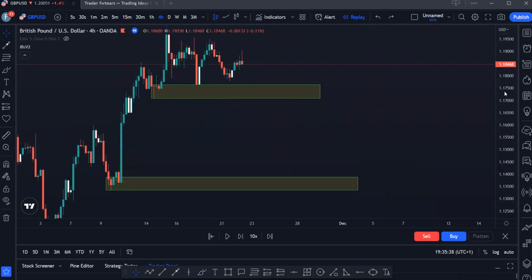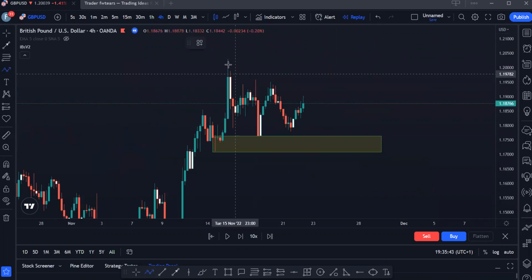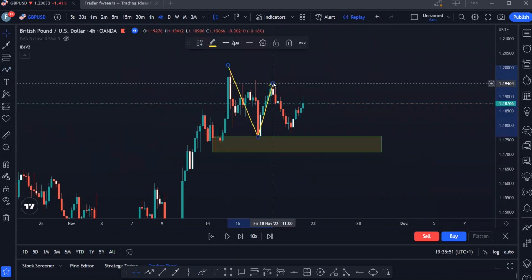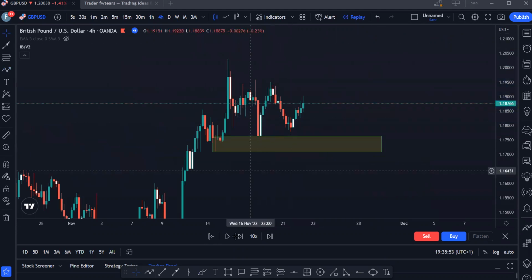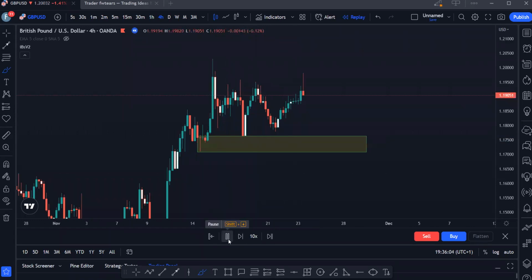You can see when price retraced into this support, see what happened. If you are taking entry here, you would have been in profit because this move started from this support that we drew here. Let's play forward and see exactly what's going to happen.